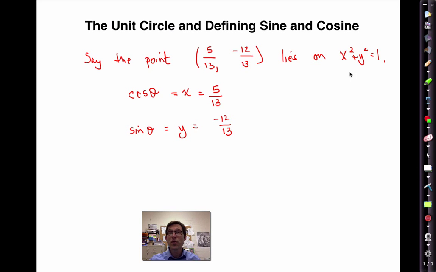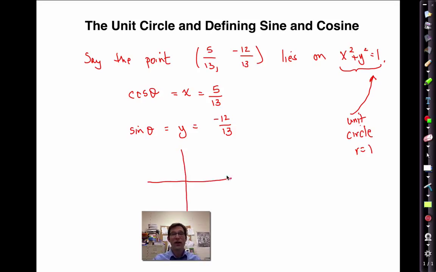As long as I know that a point lies on the unit circle, radius of 1, okay, r equals 1, then the cosine of the angle is just going to be the x-coordinate. The sine of the angle is the y. I know that those fractions are obnoxious. It's just kind of the way it is. I'm sorry about that. But think about it.